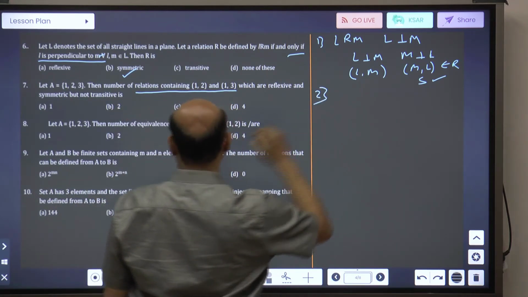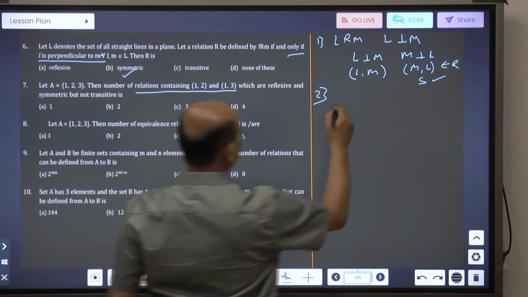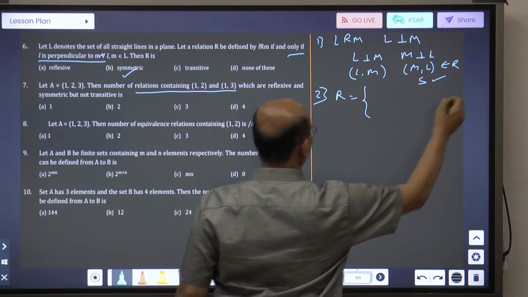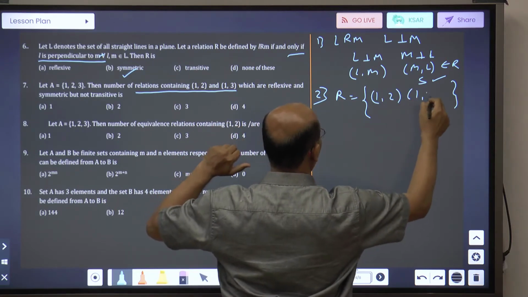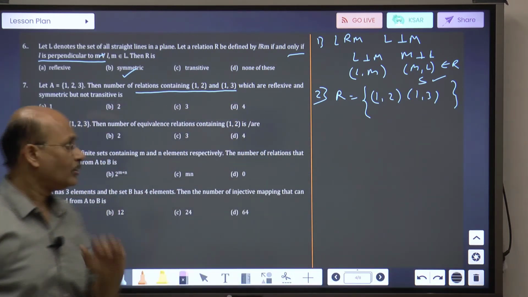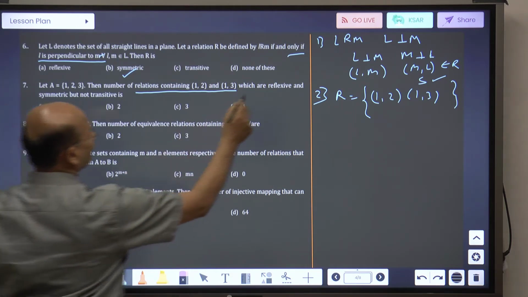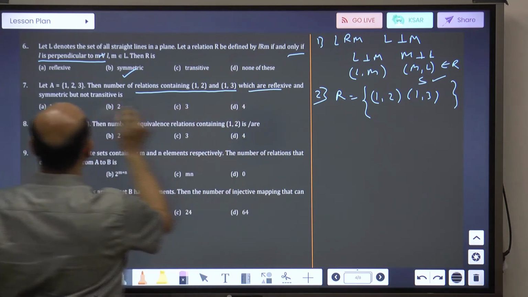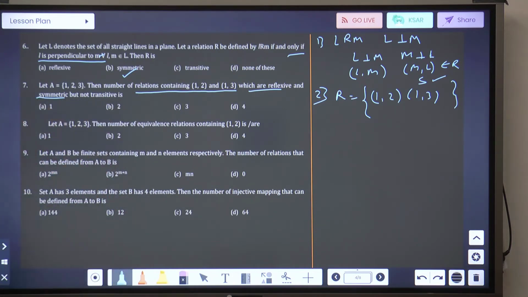Let us see the second part now. Second question I am talking about. Think properly. In this relation, (1, 2) is there and (1, 3) is there. They are telling which are reflexive, symmetric but not transitive. Think over it and tell me the answer.